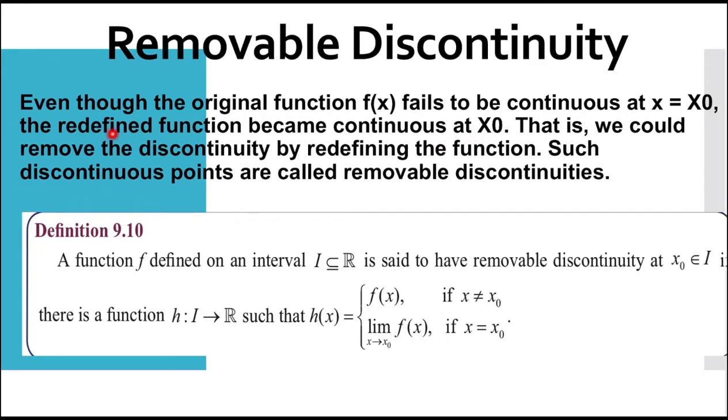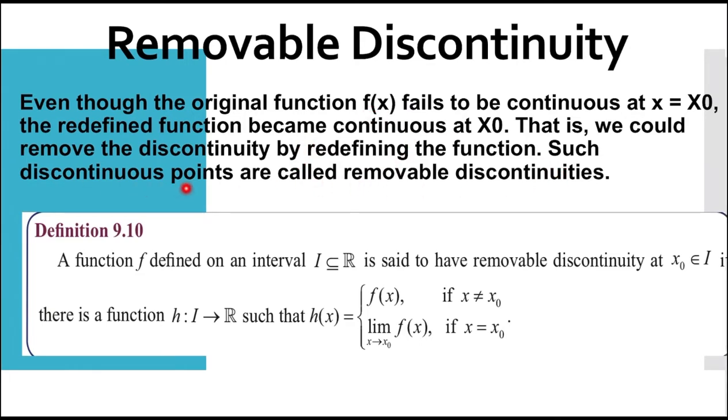We have to redefine that function that fails to be continuous. That is, we could remove the discontinuity by redefining the function. At some point that function is discontinuous, and we are going to remove that discontinuity by redefining the function.